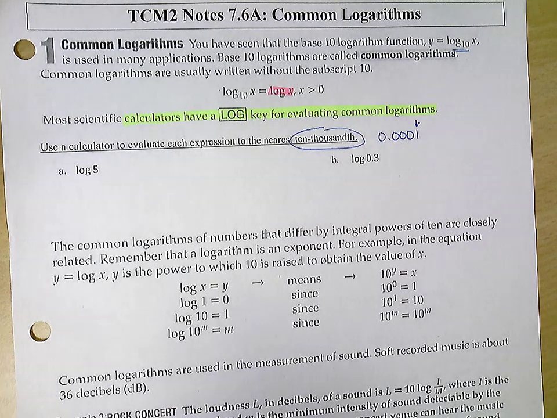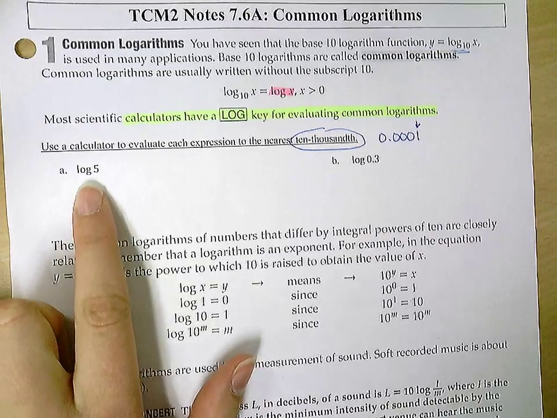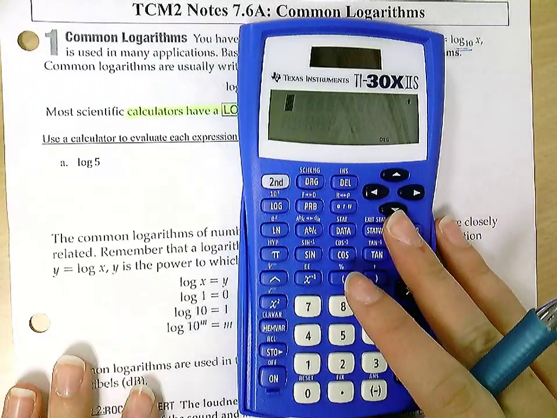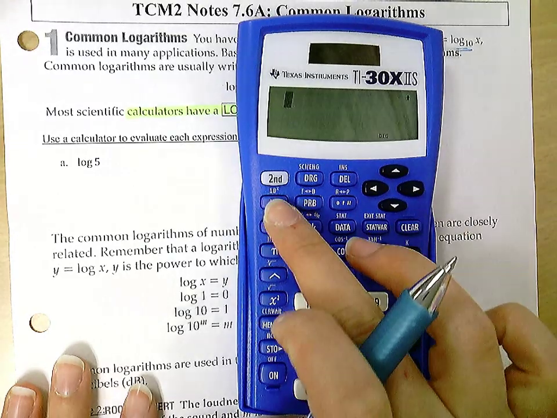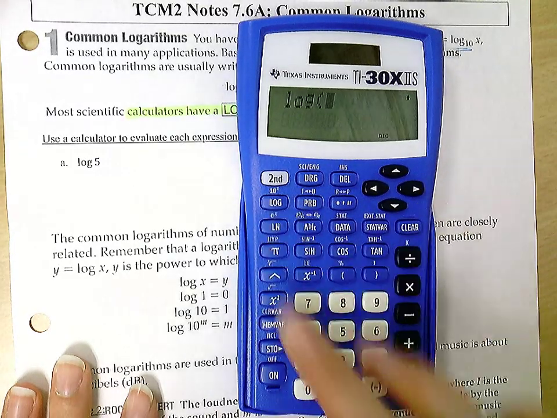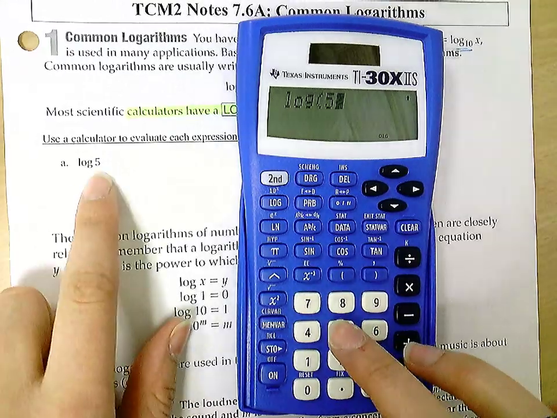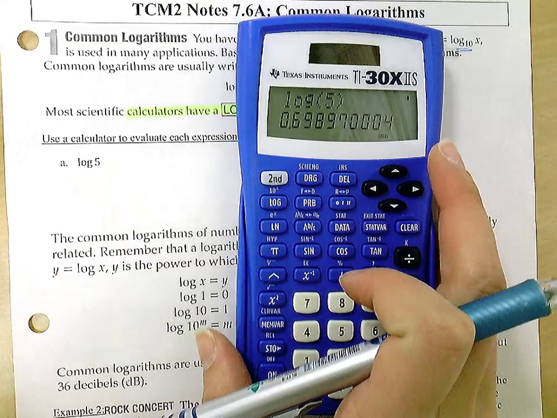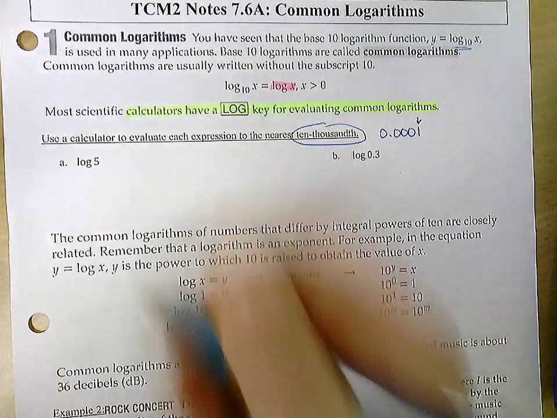For letter A, we want to find log of 5. On your calculator, you press your log button and then press 5. Then we round to the nearest 10,000th.